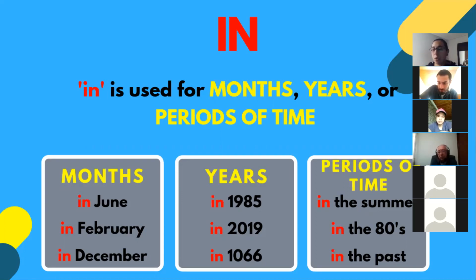Not 25th, not 24th. Only the month, right? So you say in December. For example, if you say my birthday is in November, no more, no specific day, just the month.